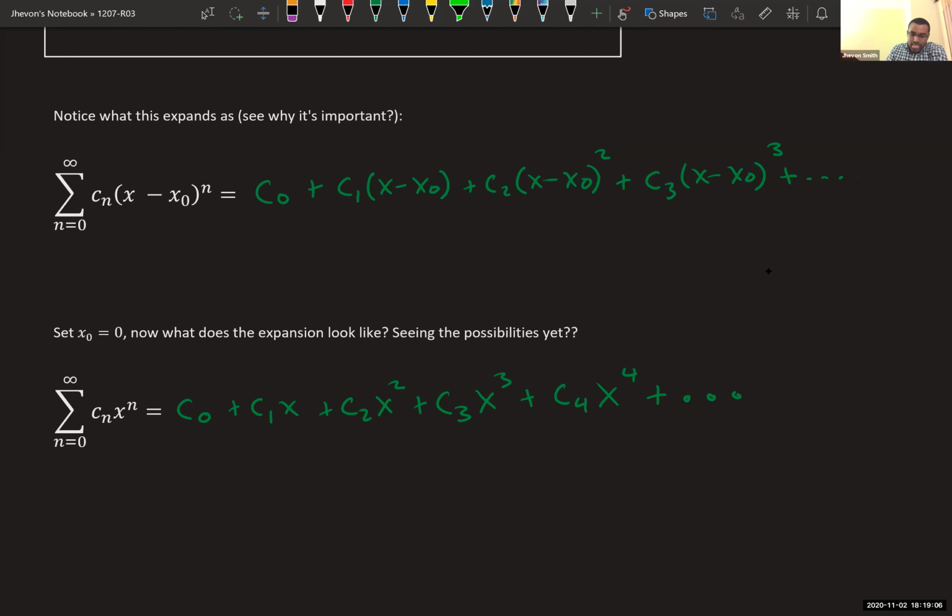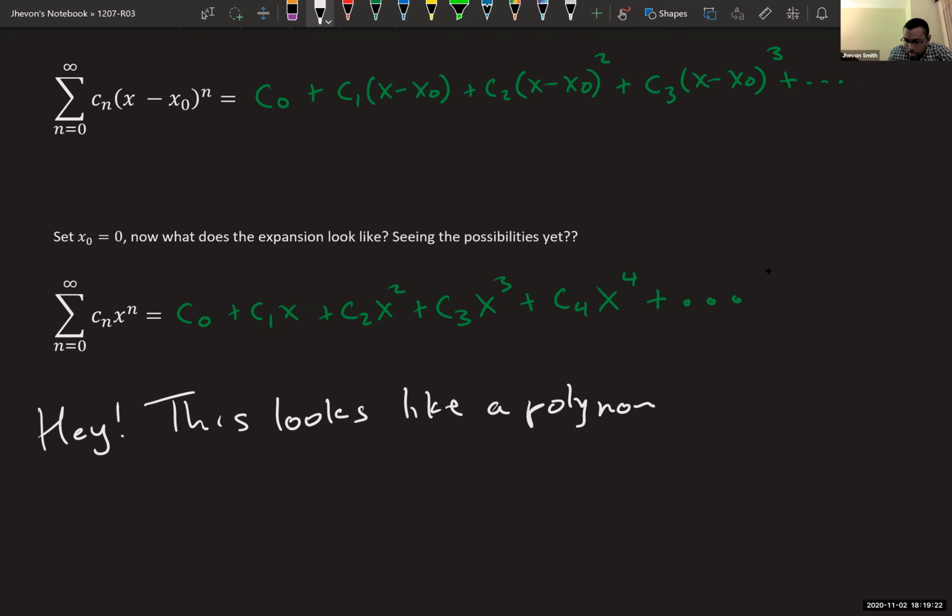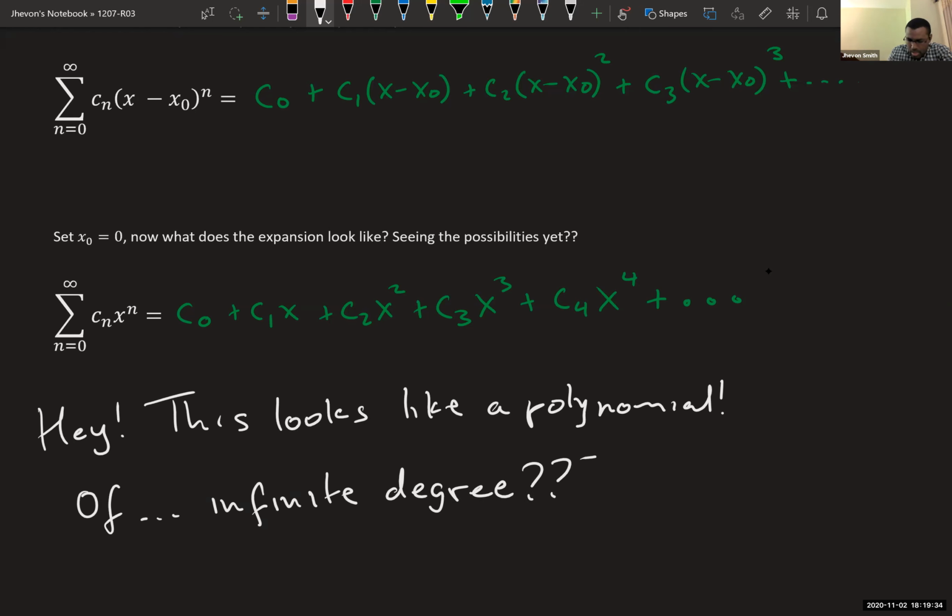So this actually reminds us of a very useful function. Polynomials, very useful. Hey, this looks like a polynomial. But then you're like, of infinite degree? What does that mean? Yeah, it reminds me of a polynomial, but is it a polynomial?